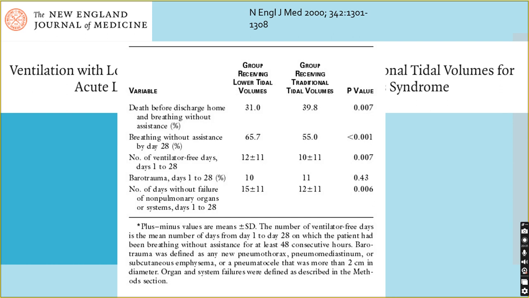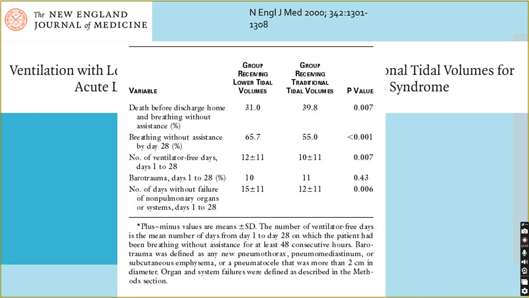So this study looked at two groups. One group was ventilated with a tidal volume of 6 ml per kg of predicted body weight, and another group was given the traditional tidal volume at that point of time, that is 12 ml per kg of predicted body weight, and they compared the outcomes in these two groups.